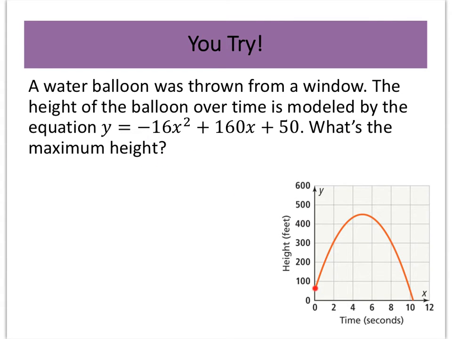So it actually is being thrown from a height of 50 feet, which is a 2 or 3 story building potentially. And it's being thrown up and down, and it's going to eventually hit the ground. So another question we're going to address later is, when does it hit the ground? We're not there yet, but we will be soon. So today we're trying to identify where the peak is. So pause the video and try this problem. We're looking for the maximum height.